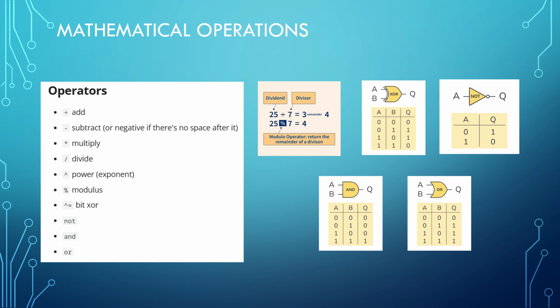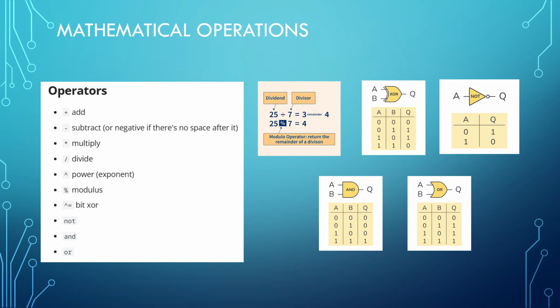All right, next is mathematical operations. These are all the operators you can have inside a conditional. So you can add, subtract, multiply, divide. You can do exponents, modulus. That is just the remainder when you do a division operation. And then there's XOR, and if you need me to explain that, then you probably already know if you're looking to use that one.